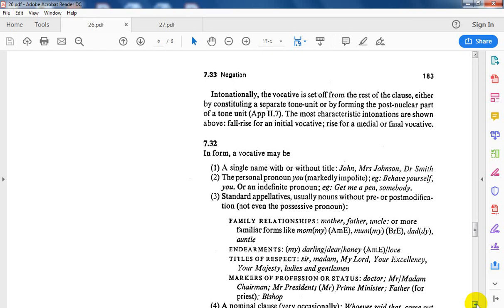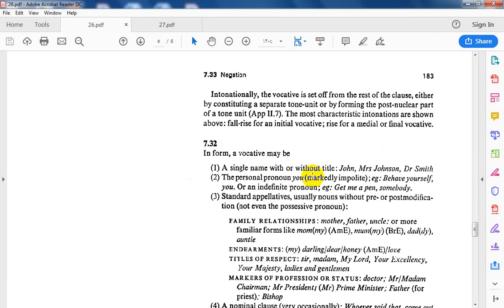What about form? First of all, when I want to call someone, I can use a single name with or without a title. Without a title: Ahmed, keep quiet.